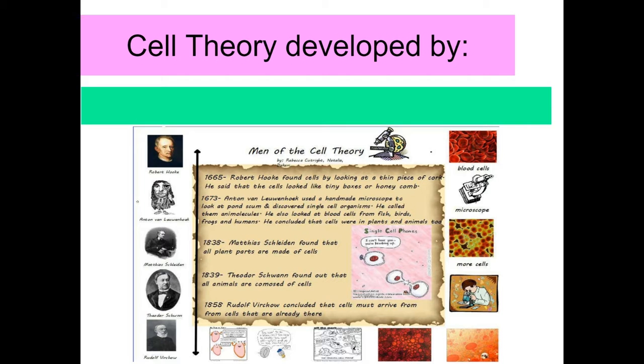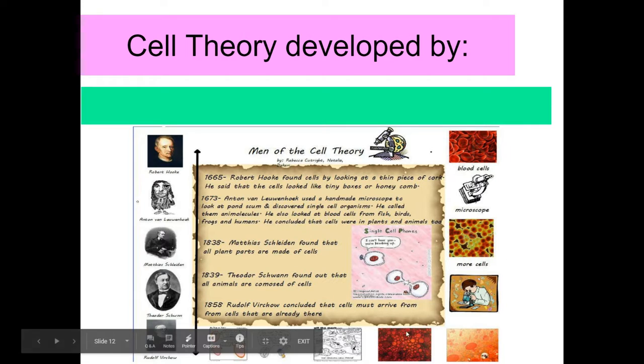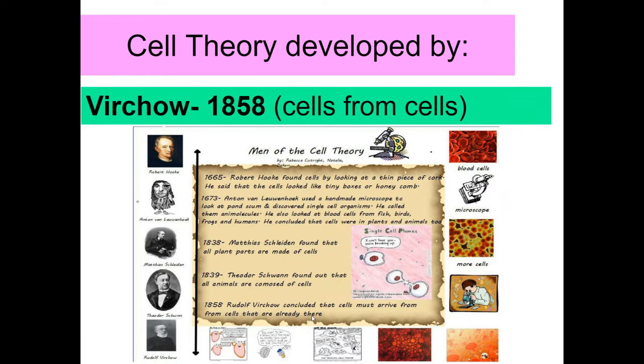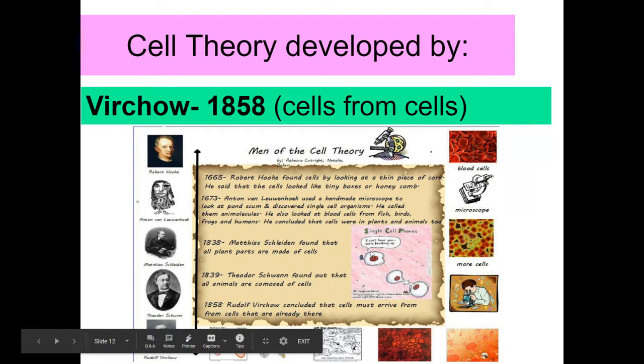All right, and then we also had a guy named Rudolf Virchow. I'm not sure which way to say that, but he also helped to develop part of the cell theory. And he said that cells come from pre-existing cells, or cells come from cells that are already there. And basically, he just described how cells divide to create new cells. And you have to remember what time period this was.